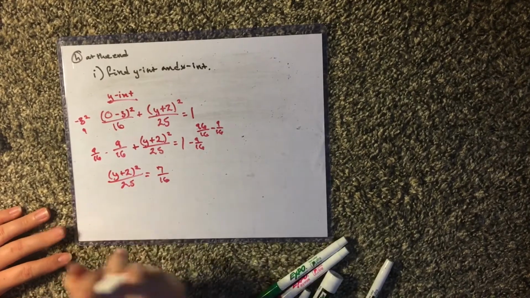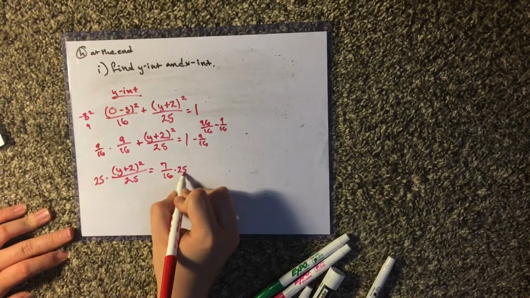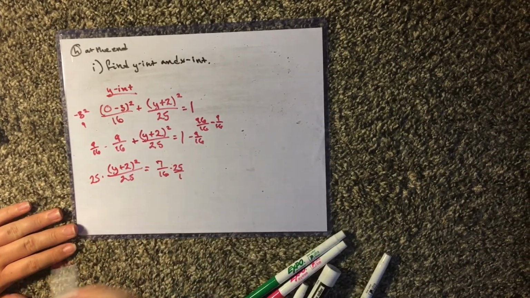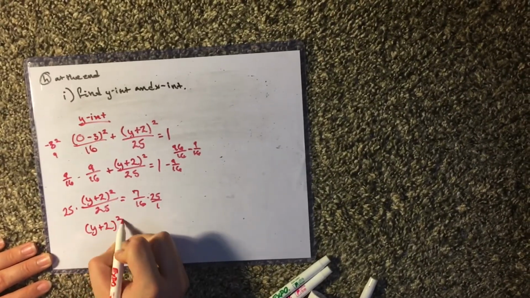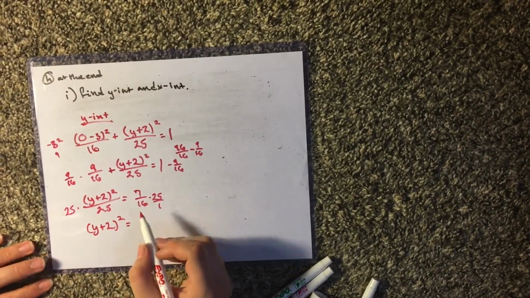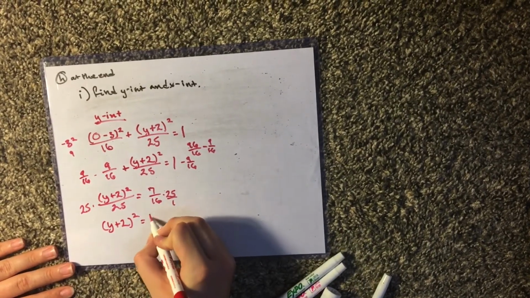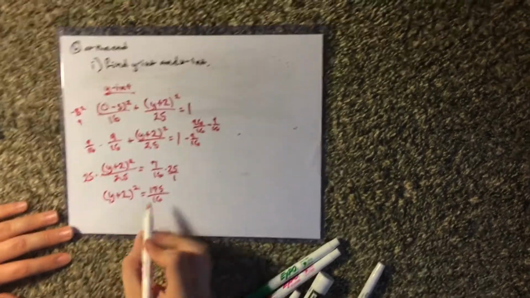Because I was going to have to do that anyway, because I need to multiply each side by 25, and I can just go across, multiplying across. So it'll be y plus 2 squared equals 175 over 16. Okay, awesome.